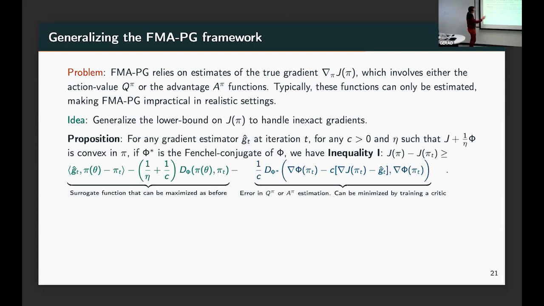So here you have your linear term, and normally my linear term includes the true gradients of the loss with respect to pi. But in many cases in RL, you replace this with some approximate gradient G hat. Without going into detail, that's a critic, but basically we can have an unbiased estimate of that true gradient, but with super high variance. And so we usually replace this with a much lower variance, but biased, estimate of the gradient.